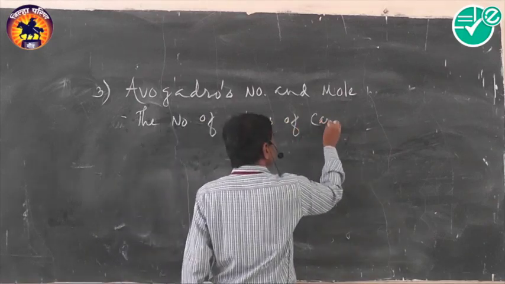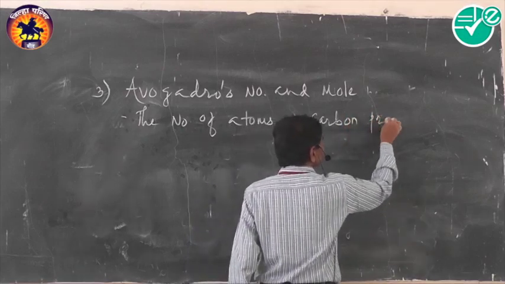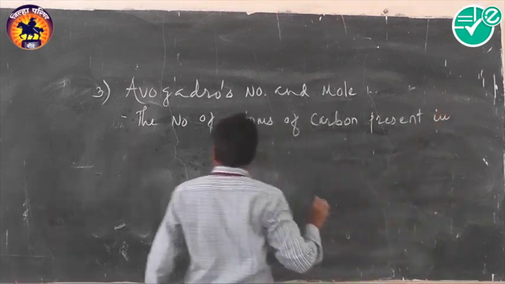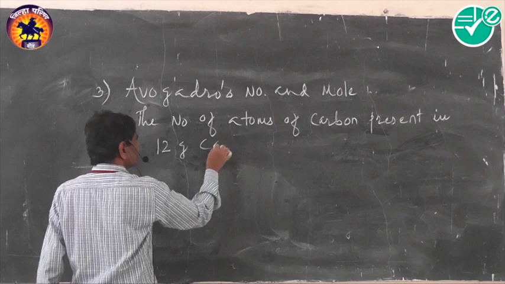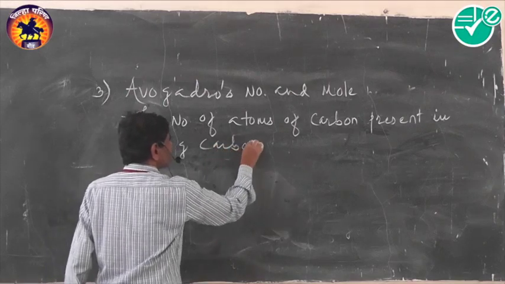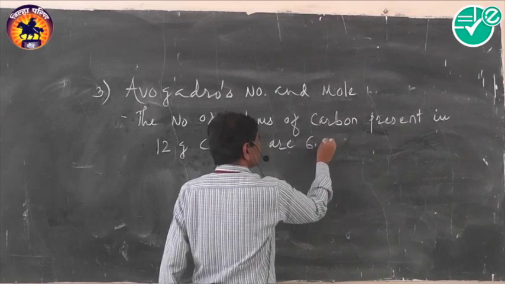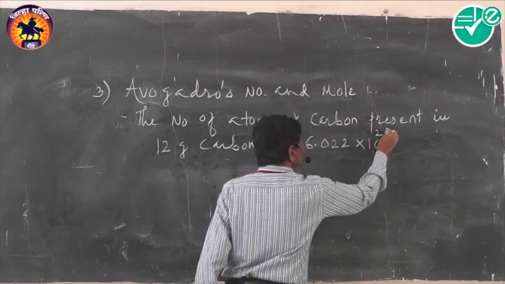And so the number of atoms of carbon present in 12 gram of carbon are 6.022 into 10 raised to 23.